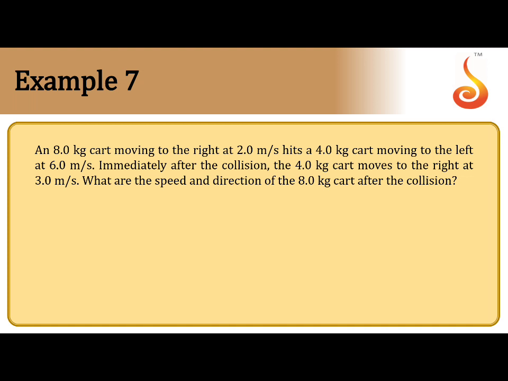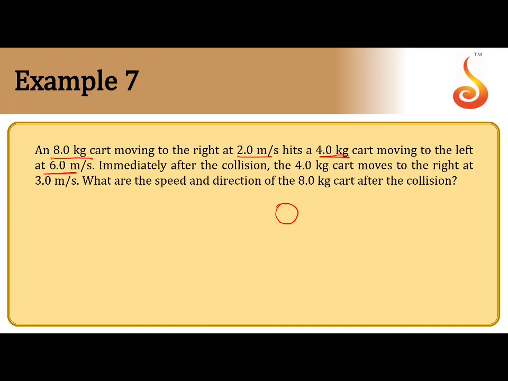What are the speed and the direction of the 8 kg cart after the collision? There is an 8 kg cart. It is moving to the right at this velocity. There is a 4 kg cart moving to the left at this velocity.